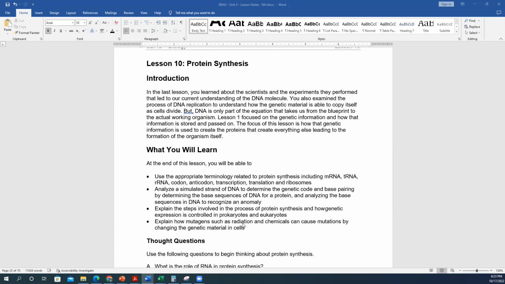And we'll also look at the various steps involved in going from DNA to protein, and how gene expression is controlled both in prokaryotes and in eukaryotes.